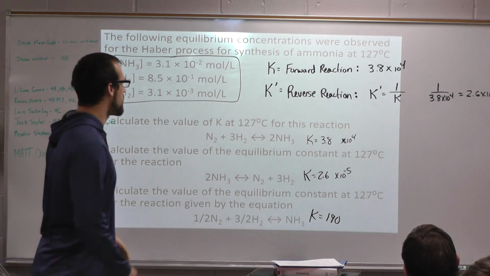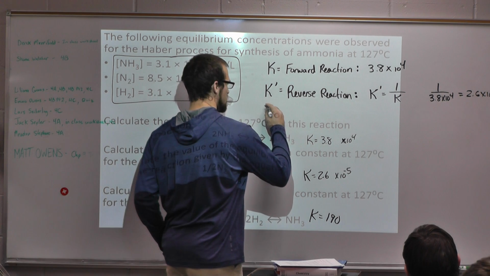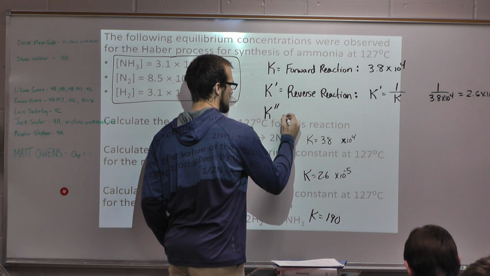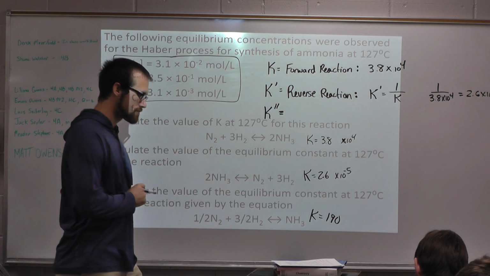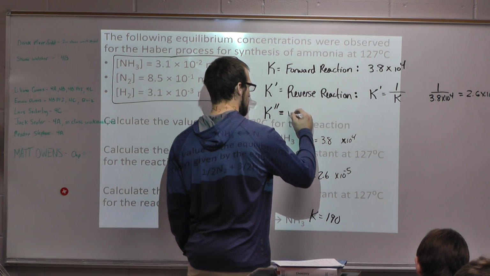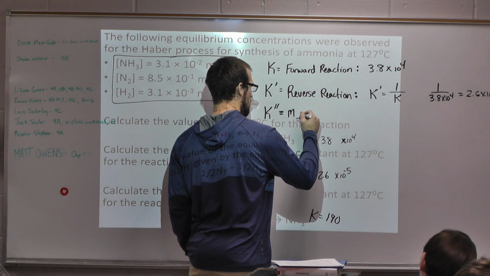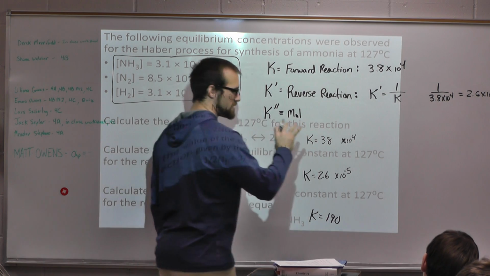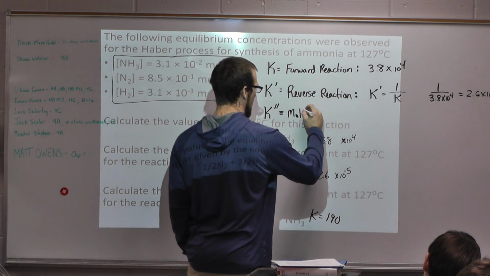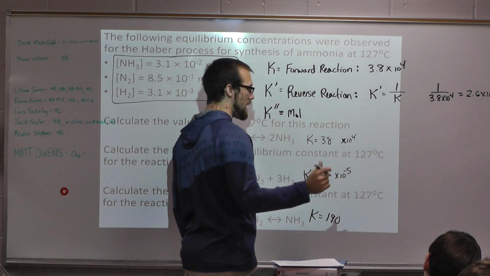Okay? So what do you think the relationship is between the last reaction, we'll say it's prime, and the first? The answer for the third one is the square root of the first one. It happens to be that. But I'm going to say it a little bit differently, because that's true if you take everything by a half.